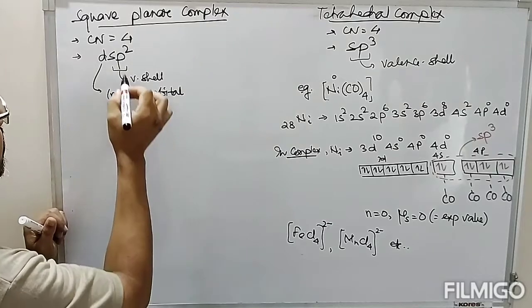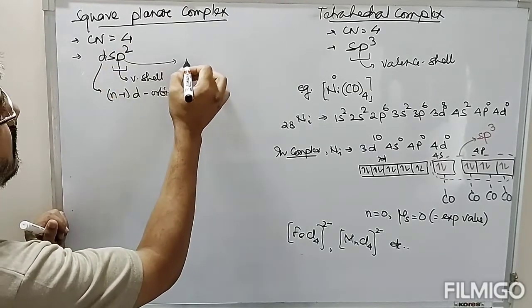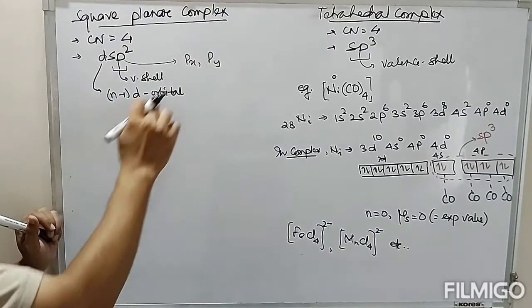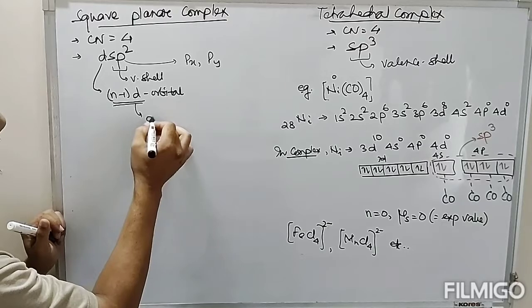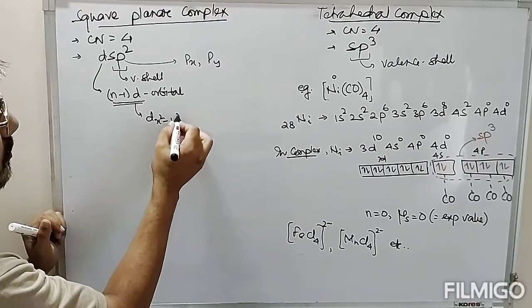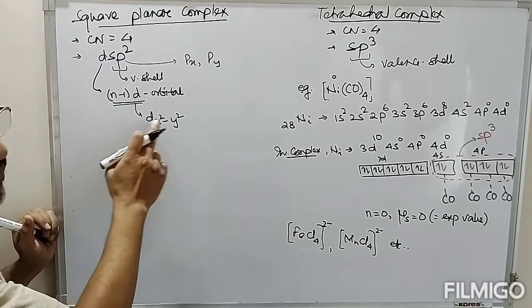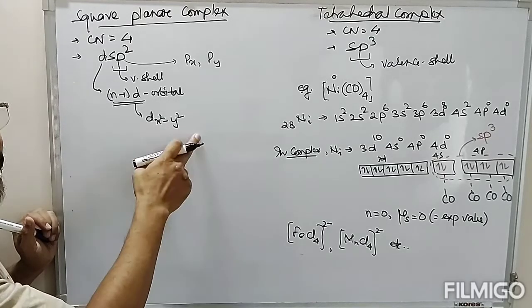So to have this strong intermixing tendency or strong hybridization, the p orbitals used in these hybrid orbitals will be px and py. If I use px and py, then this d orbital should be dx square minus y square. That means this dx square minus y square has its orientation along the x axis and y axis.